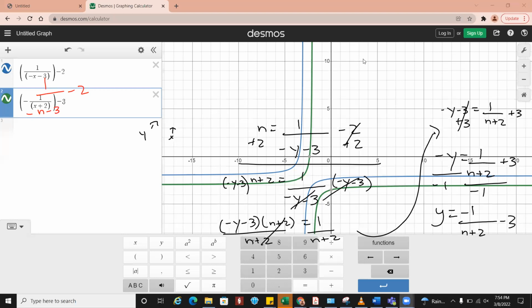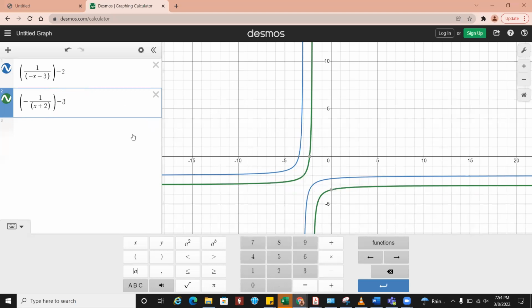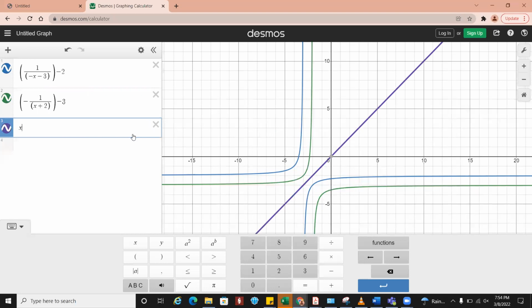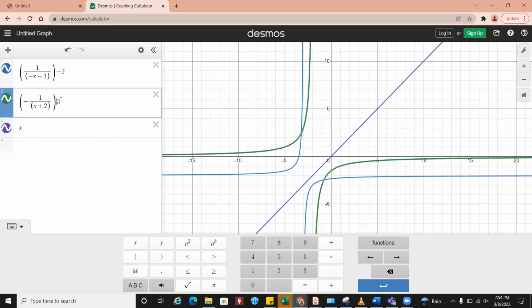Okay, I'm gonna hit clear and then I'll bring it back in just a second. Okay, so the line y equals x goes like this. So it should be a reflection over that. Should be -3.